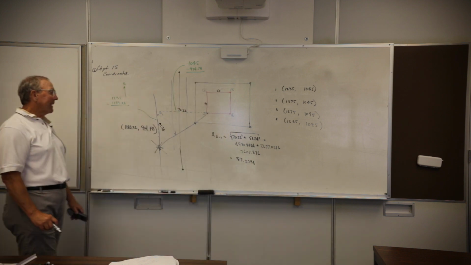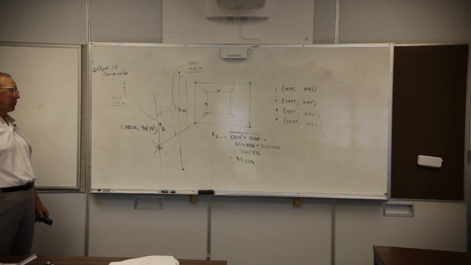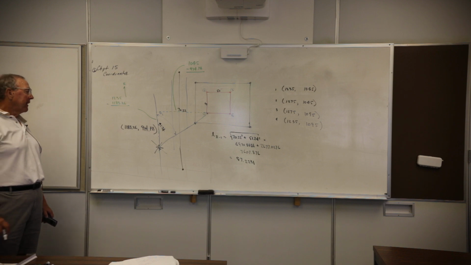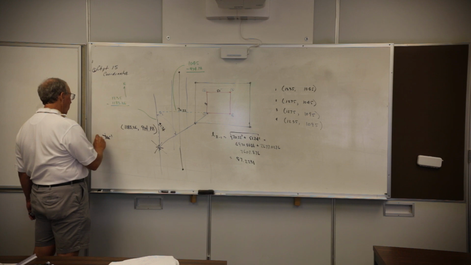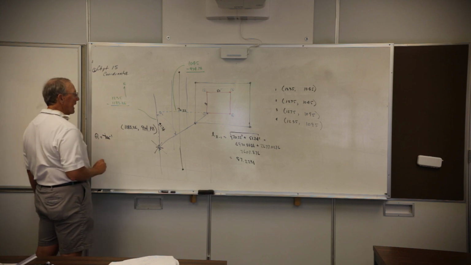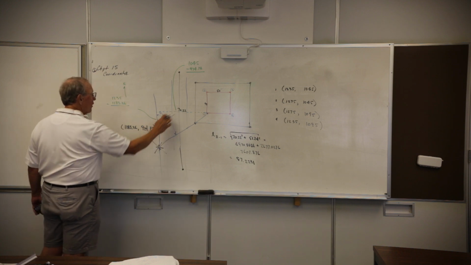Therefore, the length is 87.22 feet between those 2 points. So that's how far they're going to send me. And then if I take the arc tangent, theta 1 is going to be arc tangent of opposite over adjacent.